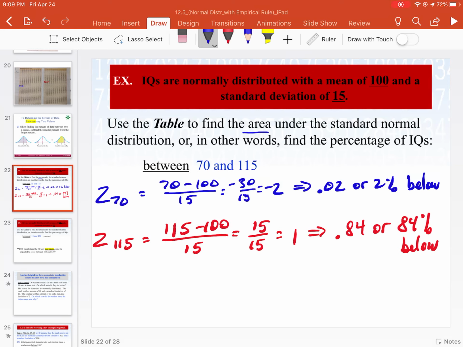Again, I need more room on the board, so I'm just going to draw a number line. So here was 100.